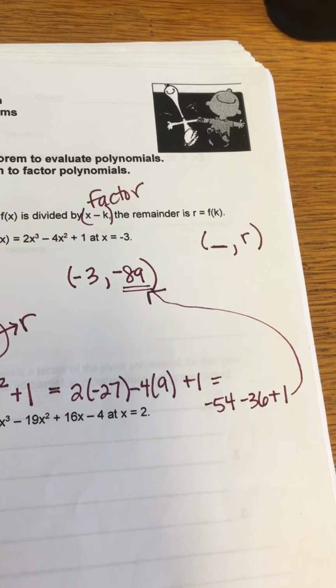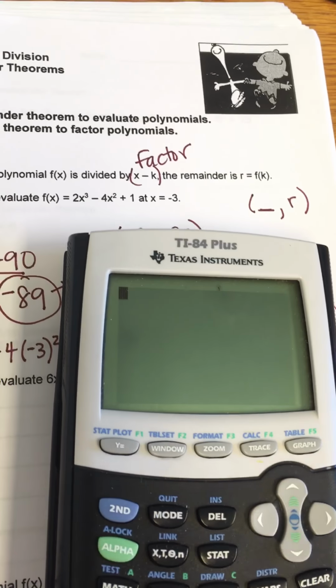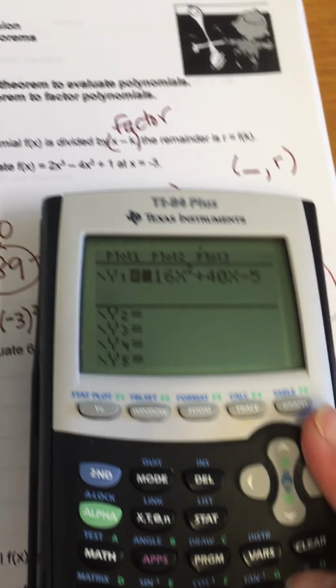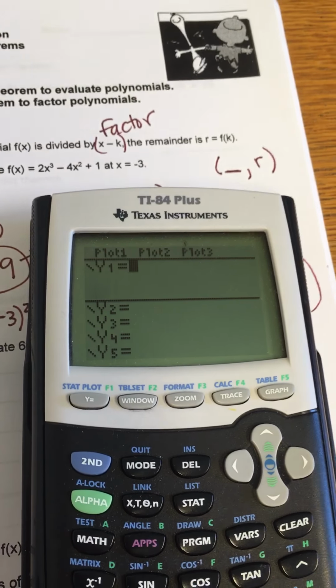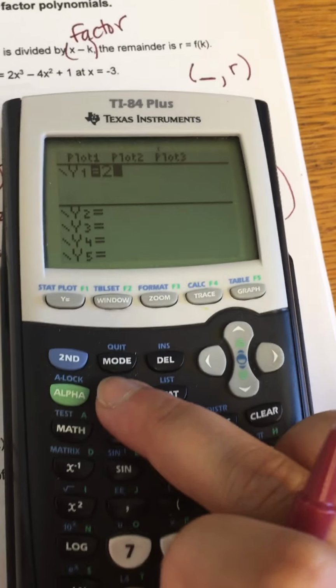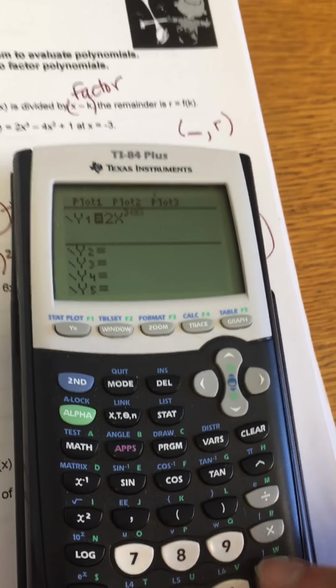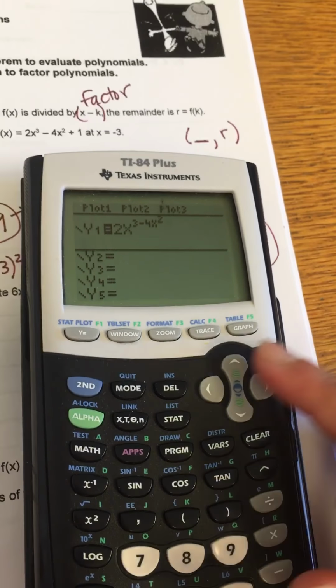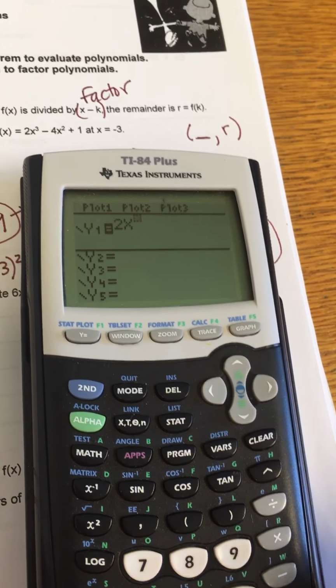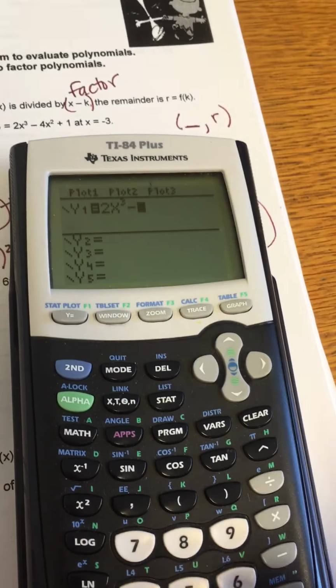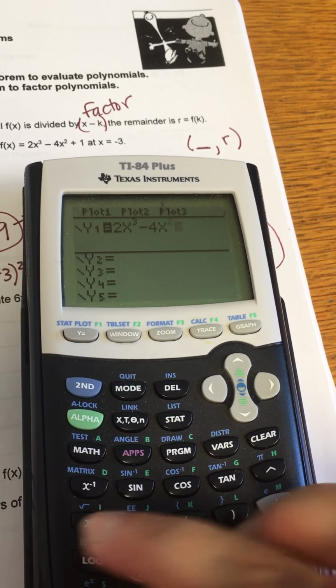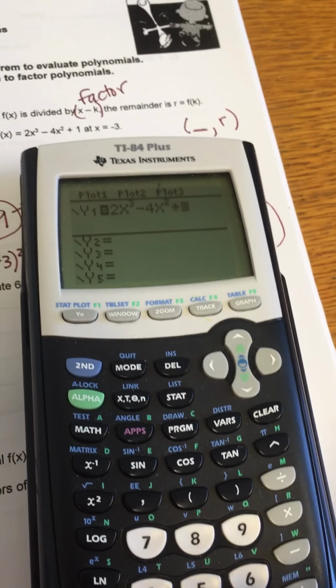Or the third way, you can go to your calculator, push y equals, clear off whatever's in there. So 2x raised to the third minus 4x squared plus 1.